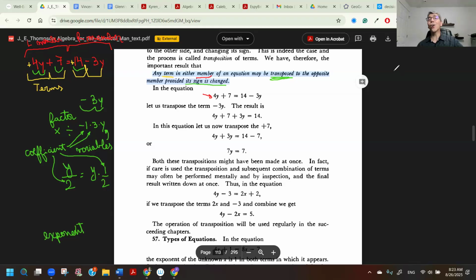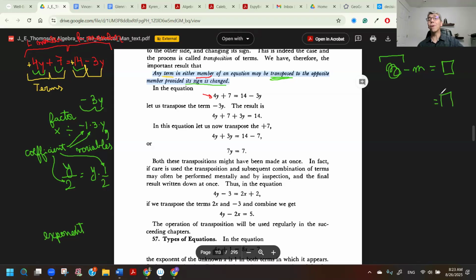And so if I have a term here, and I have minus something, and equals this, I can move this term to the other member of the equation, but I need to now change the sign of it.